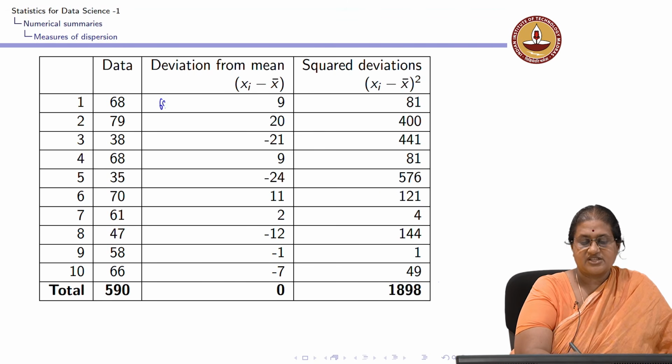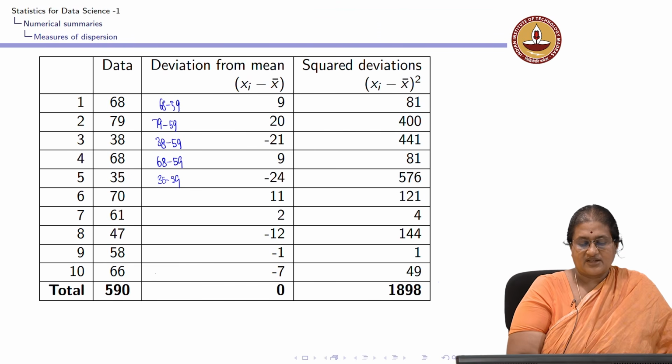So this is 68 minus 59, this is 79 minus 59, this is 38 minus 59, 68 minus 59, 35 minus 59, and this is 66 minus 59.